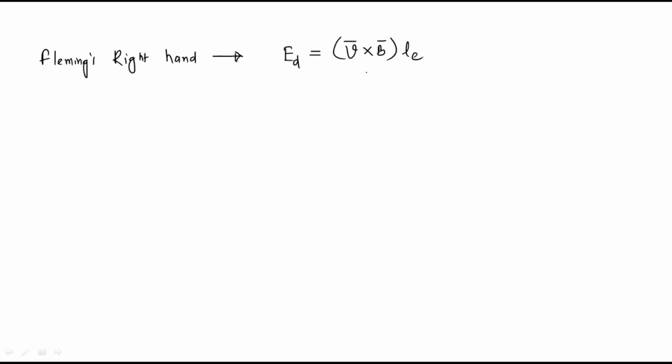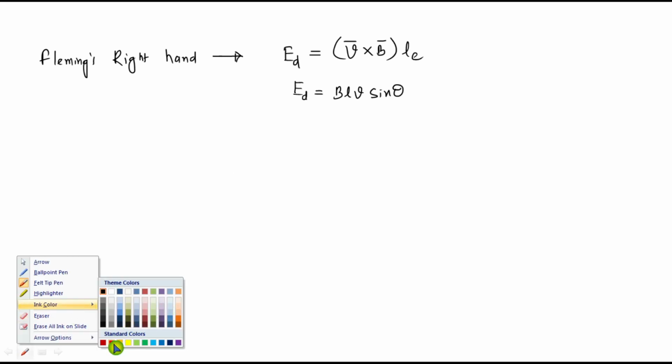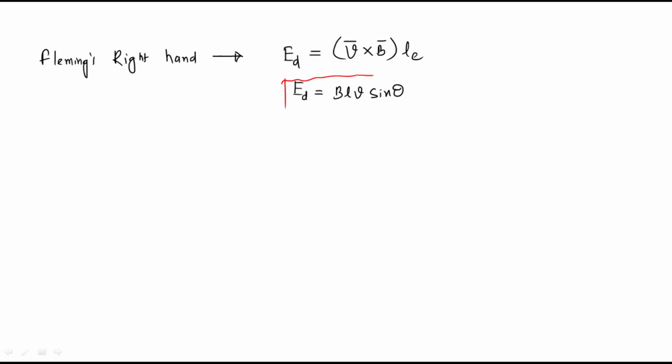Whenever we have a cross product, obviously we have sine; whenever we have a dot product, we have cos. So BLV sin theta.